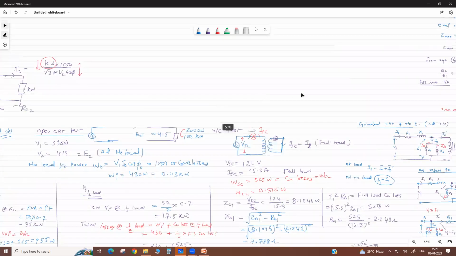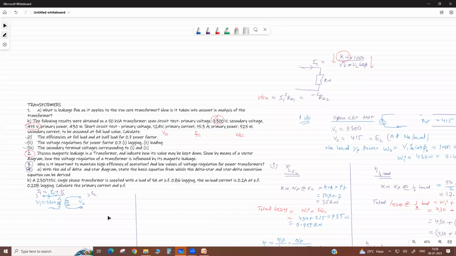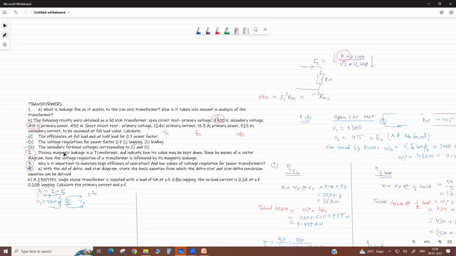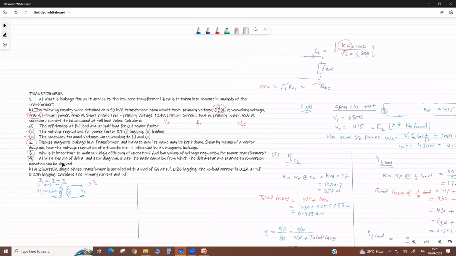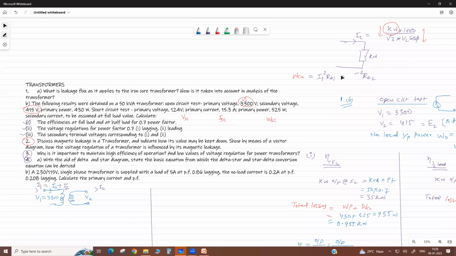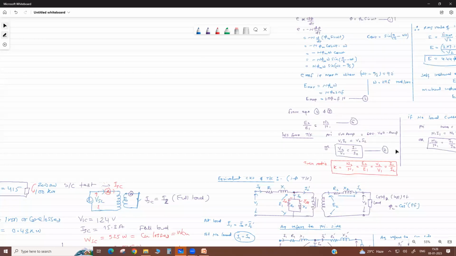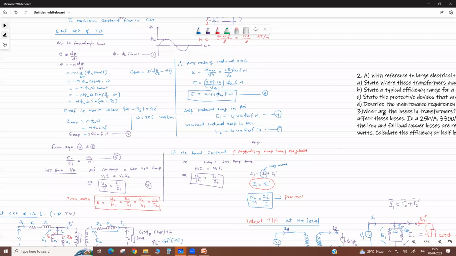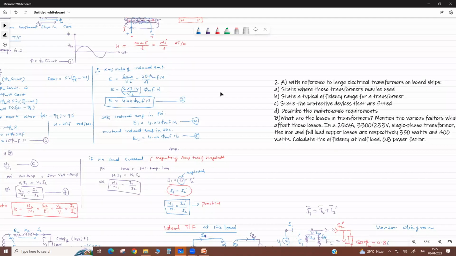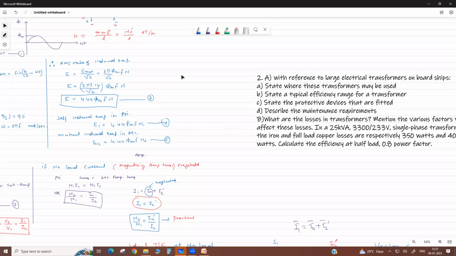Sir, what about the protective devices? Protective devices that are fitted on a large electrical transformer.